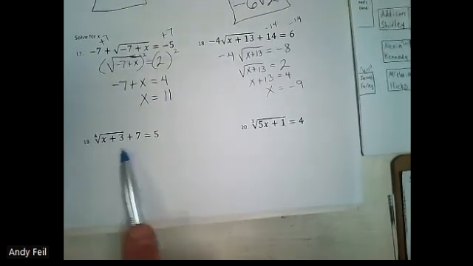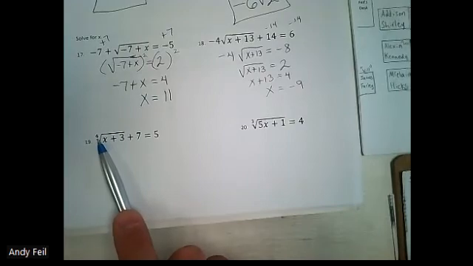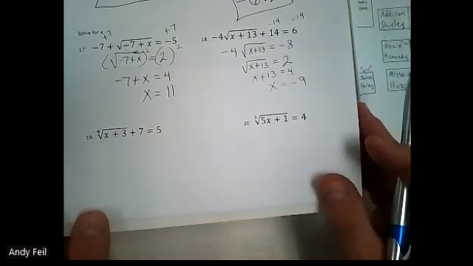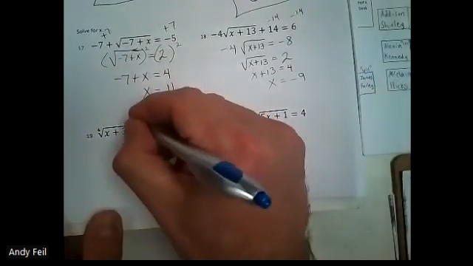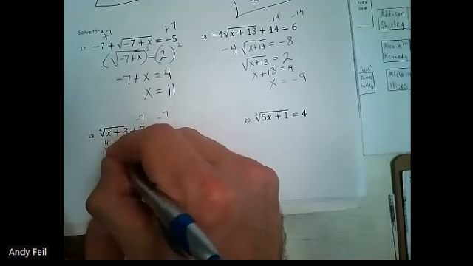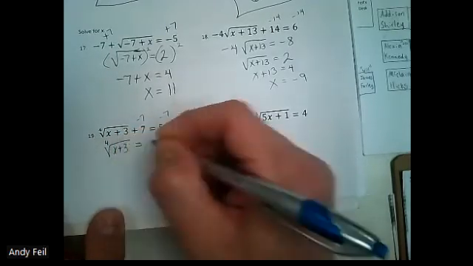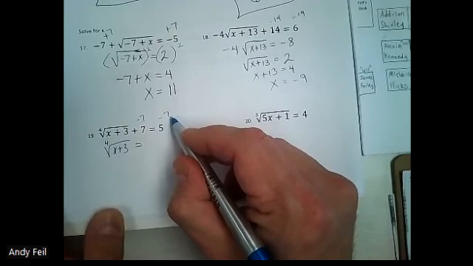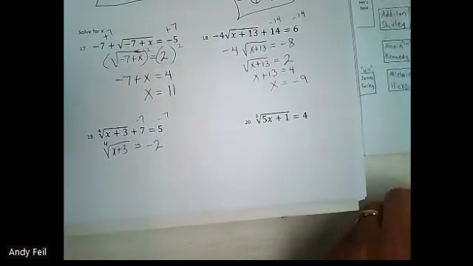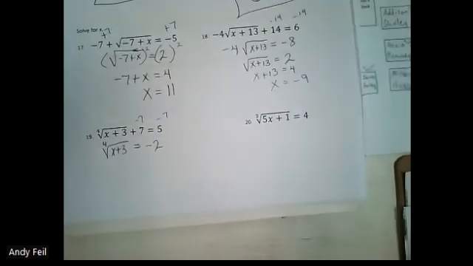This one's not quite as easy because it has that 4th power, but we have calculators, so we're not scared. What should I get rid of first? The 7. -7 minus 7. The 4th root of x plus 3 equals, let's see, 5 minus 7. -2. Now what should I do?